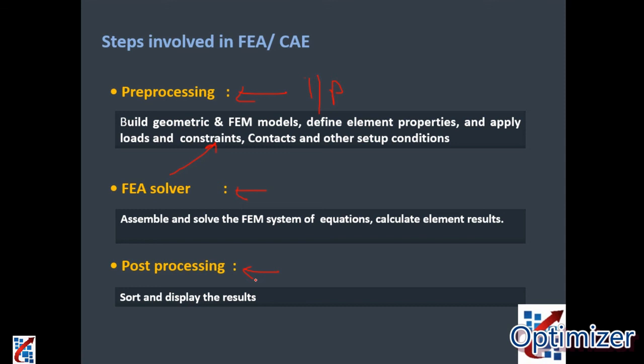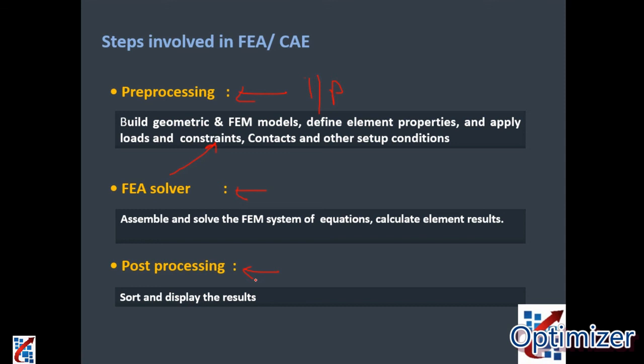It may be the analysis of a beam, or if you want to do CFD analysis of an aeroplane, you need to follow these steps only: pre-processing, FEA solution, and post-processing. In pre-processing, you import the geometry, apply the material properties, mesh the model or do the discretization step, and apply the boundary conditions and contact connections.